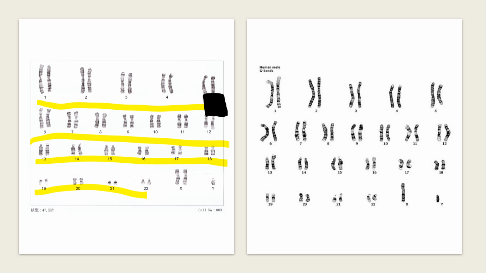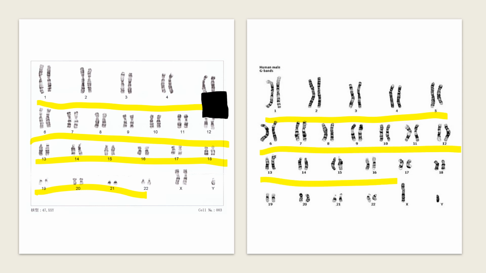I see that each pair of autosomes only has 2 chromosomes, so that rules out Down syndrome automatically. I looked at the picture at the right, and I see that chromosomes 1 through 22 are the same. So between left and right, the autosome chromosomes are the same. So there's nothing different there.